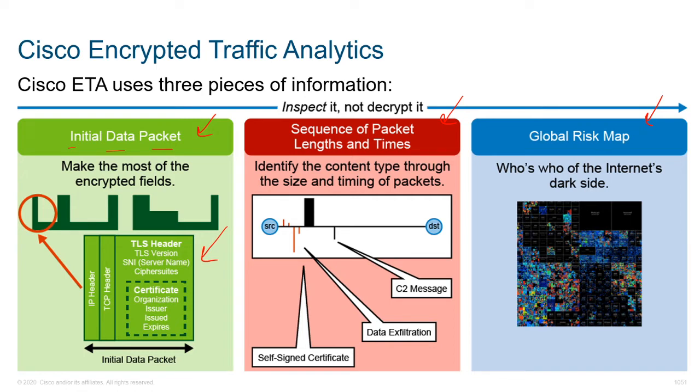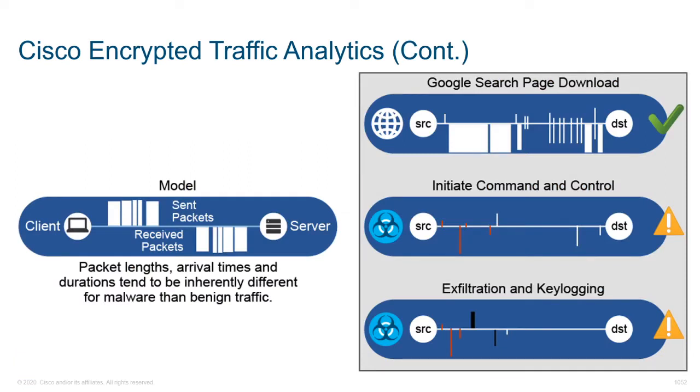All of these details are going to create a pattern, and we'll see an example of what some of these patterns look like over time, after seeing enough command and control initiations, exfiltration, and key logging. There are patterns that are very easy to distinguish from our traditional traffic.